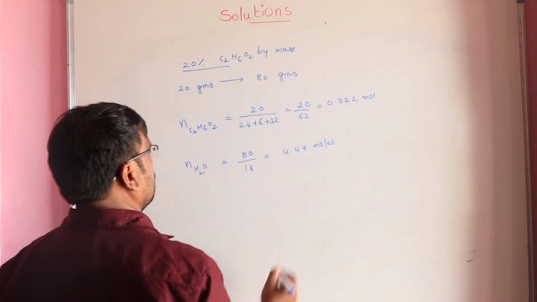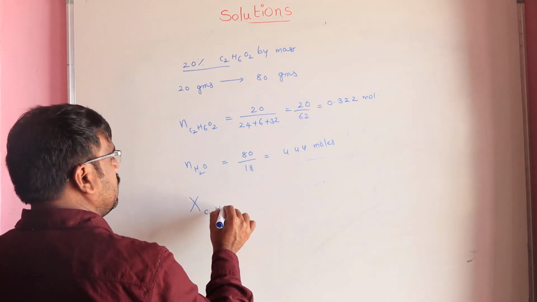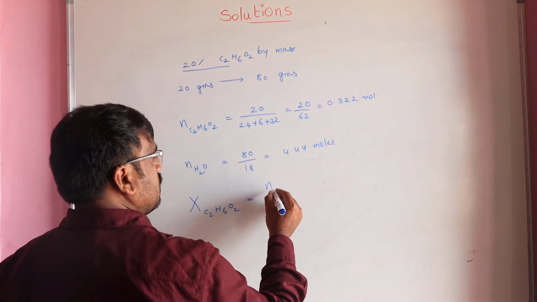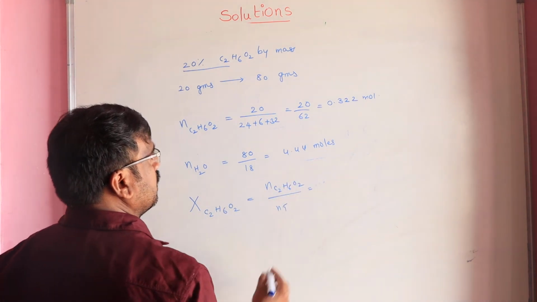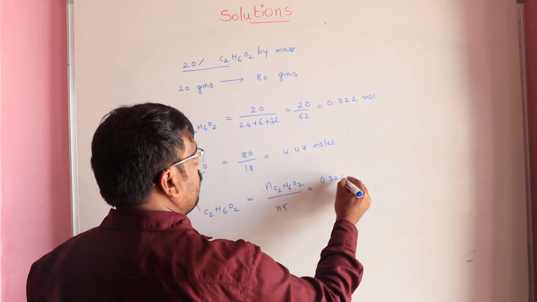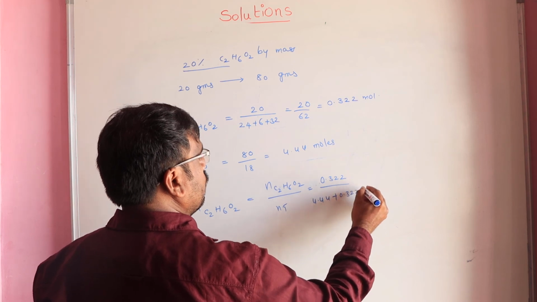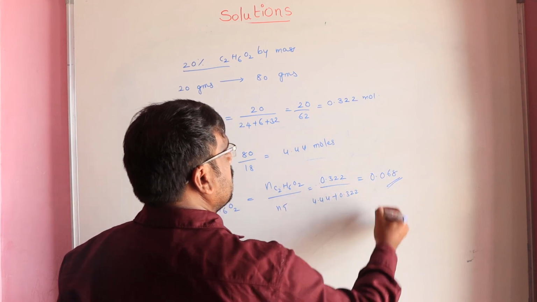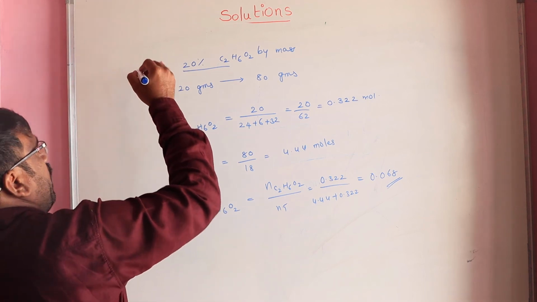Then they asked for the mole fraction of ethylene glycol C2H6O2, so we take the number of moles of C2H6O2 over the total moles: 0.322 divided by 4.44 plus 0.322. If we simplify this, we get 0.068 as the answer. So that is about problem number 2.1.